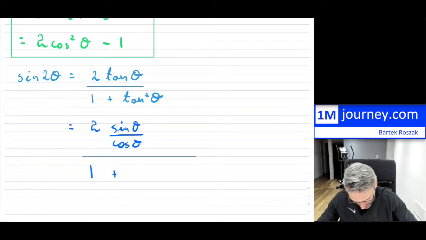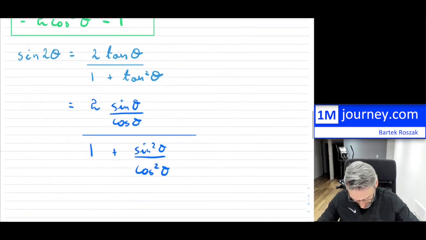Okay, 1 plus tan squared theta, this is nothing else but simply sine squared theta over cos squared theta. And then taking that denominator, I can find a common denominator for that.